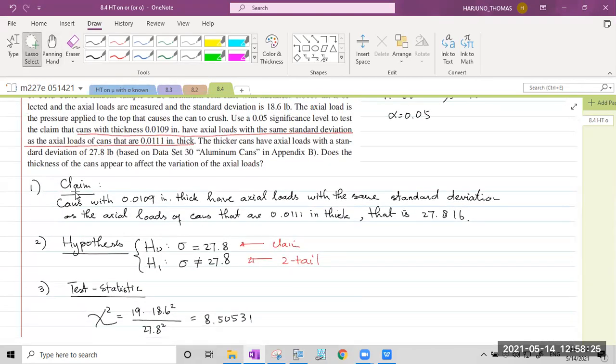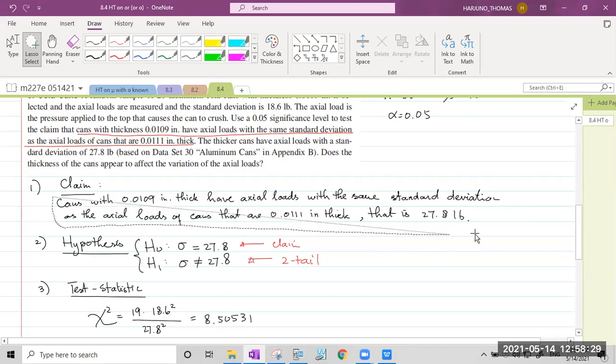That's how lazy I am, because the claim is way too long. After all, I need to copy paste that as is, right? So let me do this.